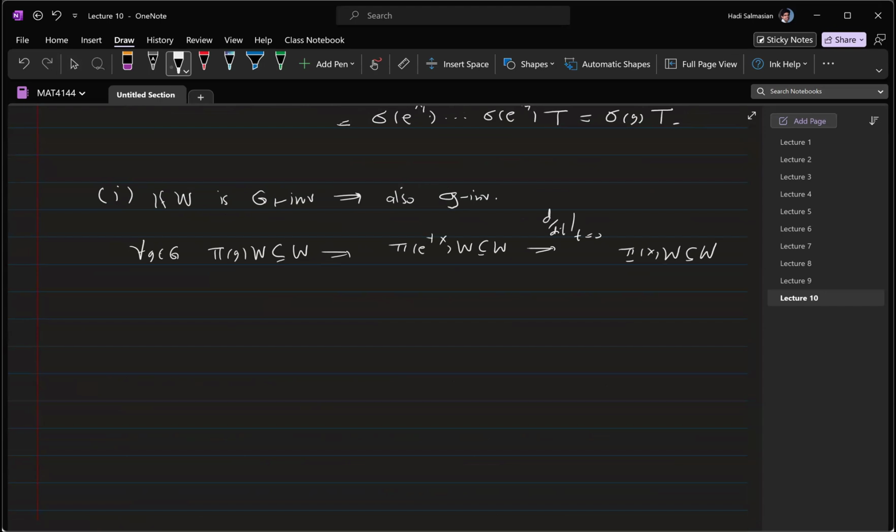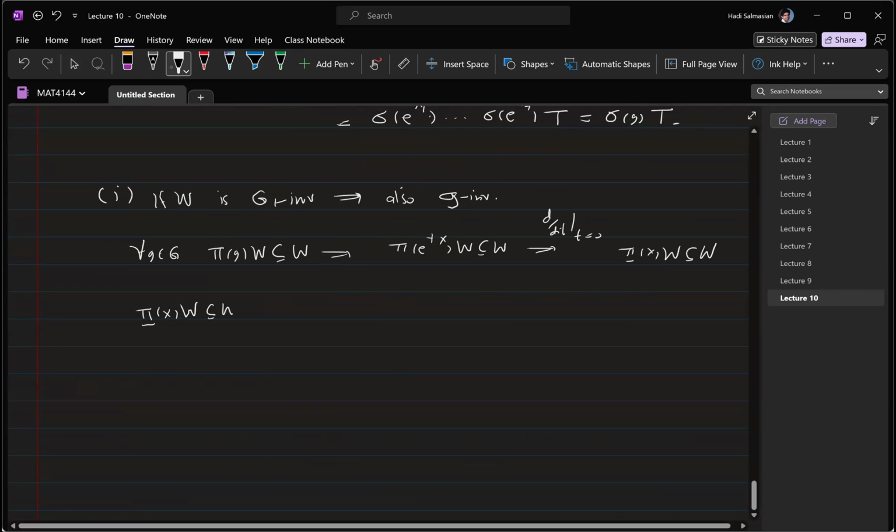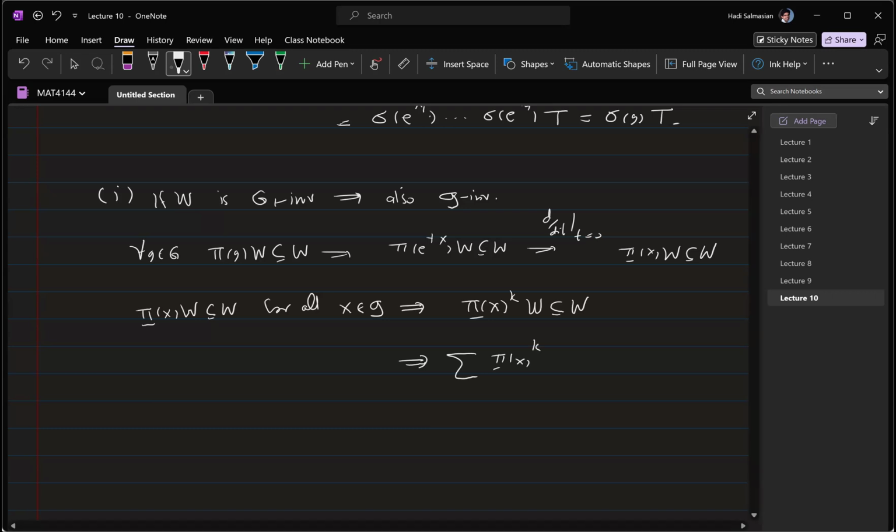And conversely, if pi underline x W is contained in W for all x in the Lie algebra, then pi underline x to the power k W is contained in W, and then you could just look at this sum. The convergence issues are a little bit less complicated.